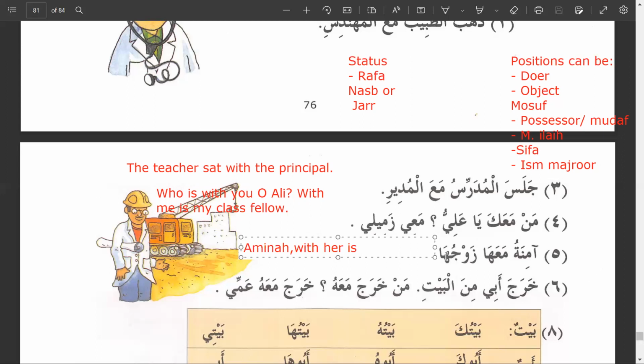Zawju is spouse, ha is her. Her spouse means her husband. For a female, the spouse is husband. For a male, the spouse is wife. So Amina, with her is her husband. Okay, got it? Amina, ma'a with ha, her. With her is her husband.